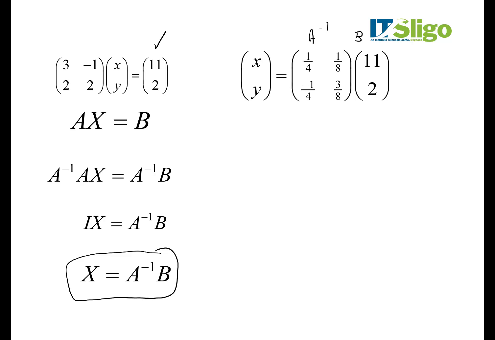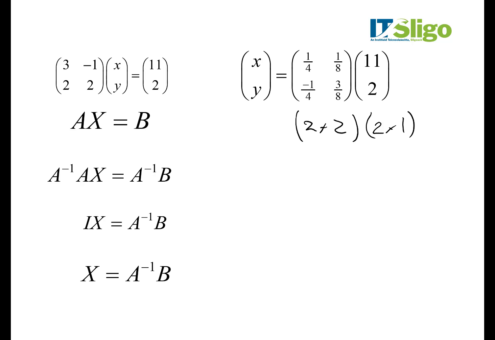And again guys, here's a 2 by 2 multiplied by a 2 by 1. Can I multiply them? I can. The rows in the second matrix are equal to the columns in the first. The size of my resultant matrix is going to be a 2 by 1.